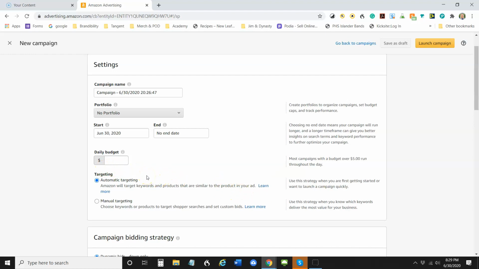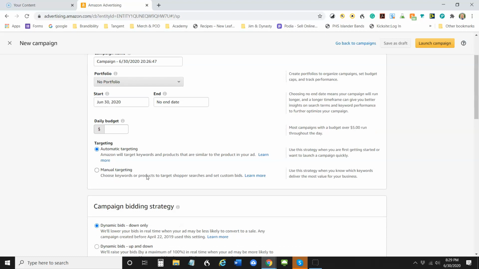Now, here's the thing with Amazon advertising. I am a most-bang-for-the-buck type advertiser. I found my best and most successful advertising campaigns when I am very specific, and I usually set my daily budget at $5 to $10. Amazon doesn't really take you seriously until you put $5 to $10. You can put $1 a day, $2 a day, but some of your ads won't ever start.